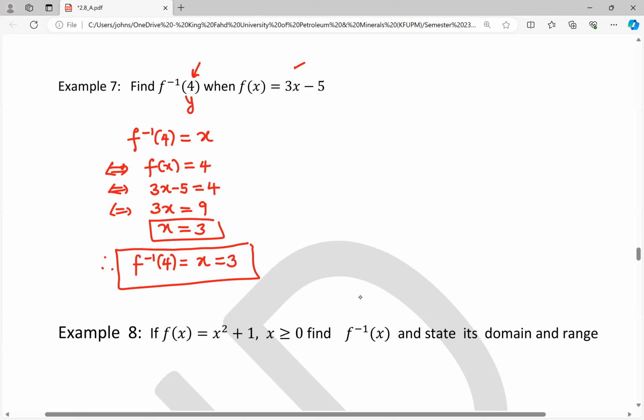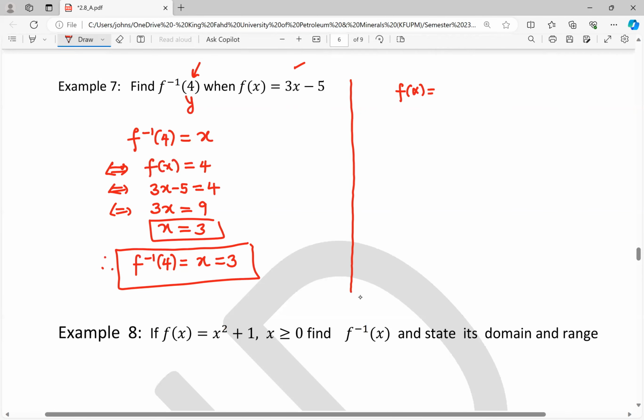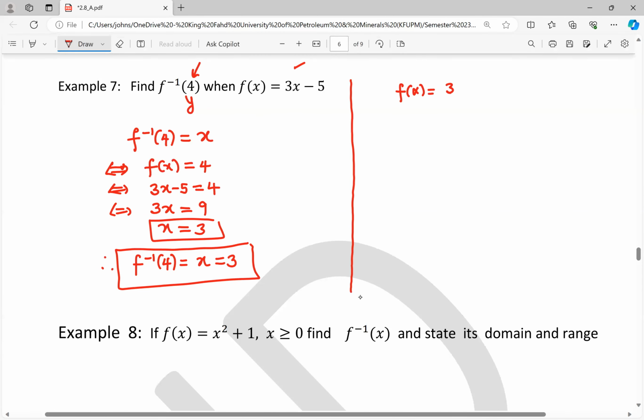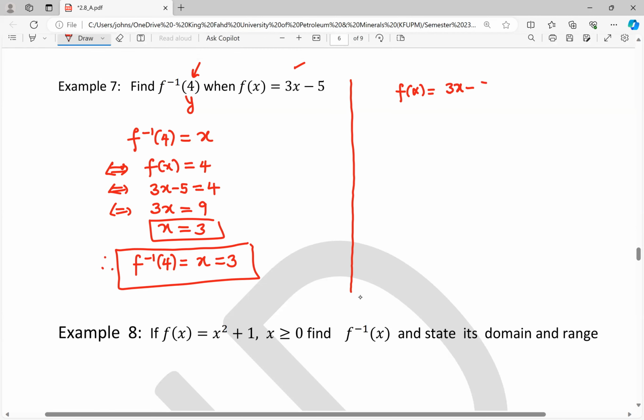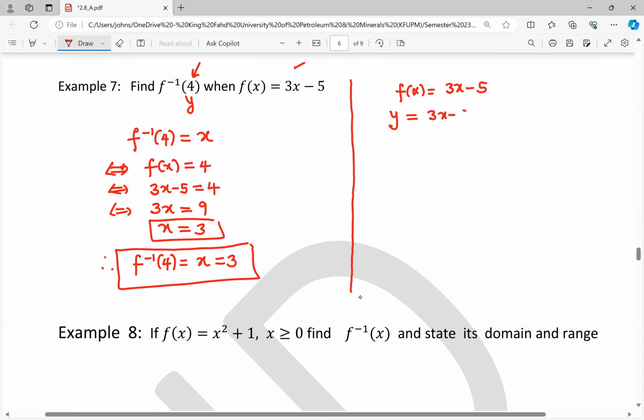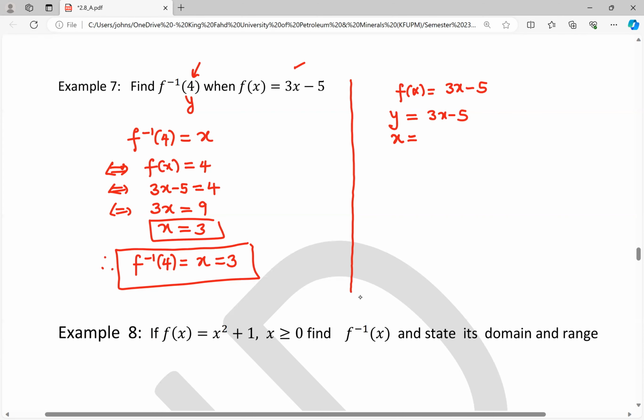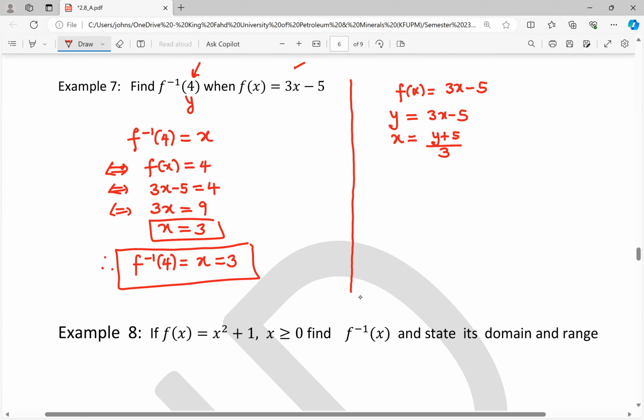Now, what is the other way you can solve this? The other way is that we first of all look for the inverse. The function is this one, so we look for the inverse of this. We take y to be 3x minus 5, and then we solve for x in terms of y. As you can see, x is just going to be y plus 5 divided by 3.